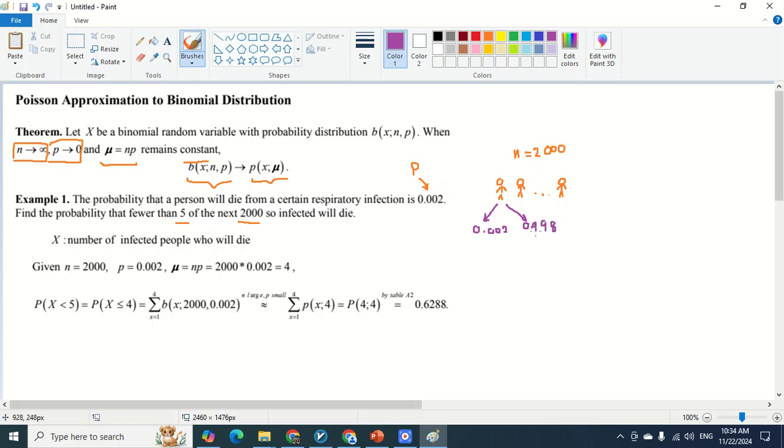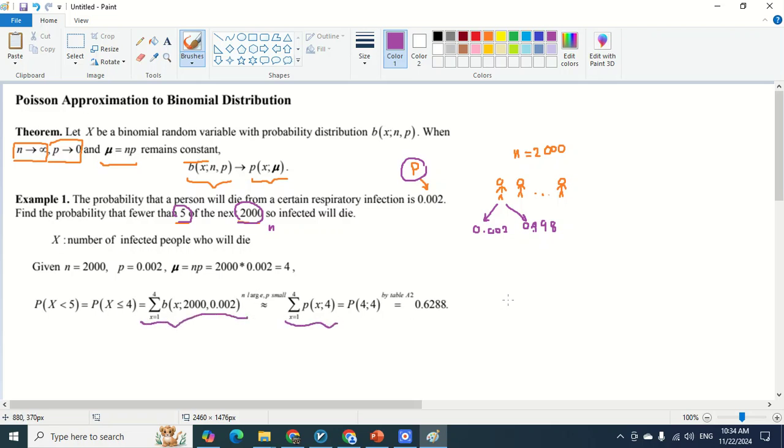So we can use the binomial distribution to calculate the probability of less than 5 successes out of the 2,000 cases that we have. But as you can see, the n of 2,000 is too big in comparison with p, and n times p is constant. So instead of using the binomial distribution to add these values, we can use the Poisson distribution.